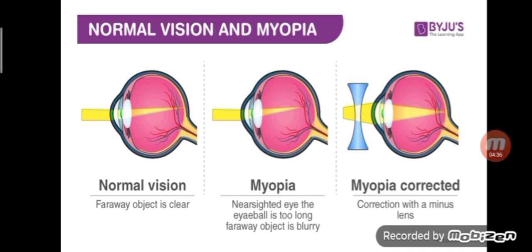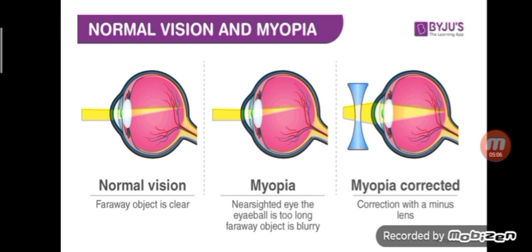In this type of defect, image from distant objects will be formed just in front of the retina, whereas the image of the near objects will be formed exactly on the retina. So, this defect in the vision can be corrected by using concave lens of appropriate power.